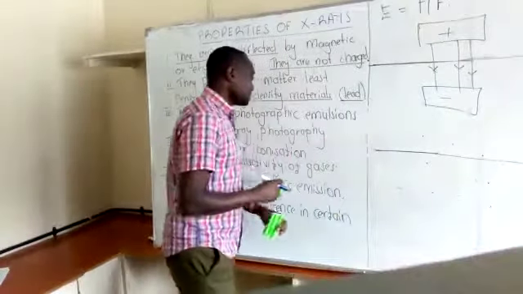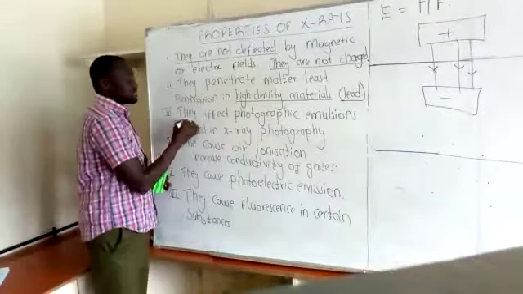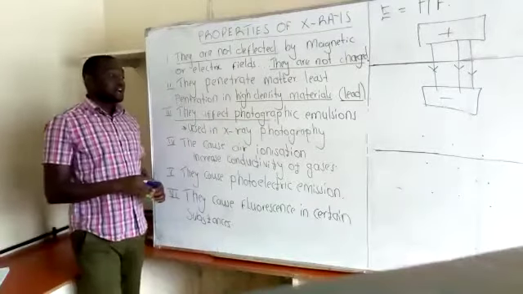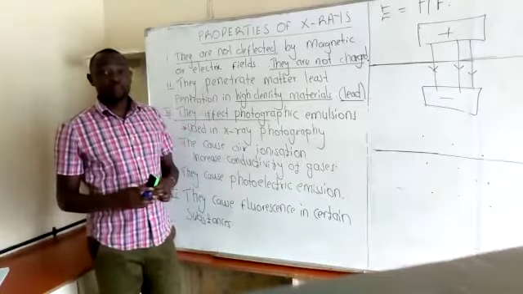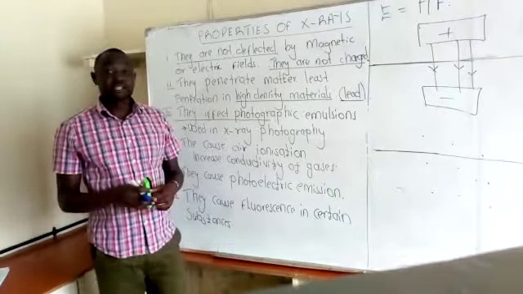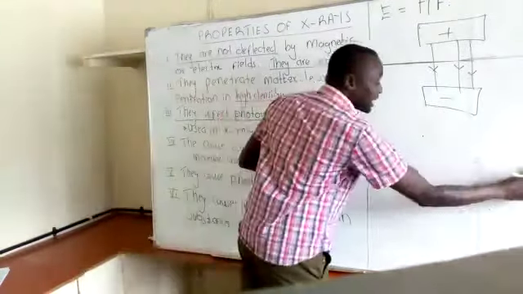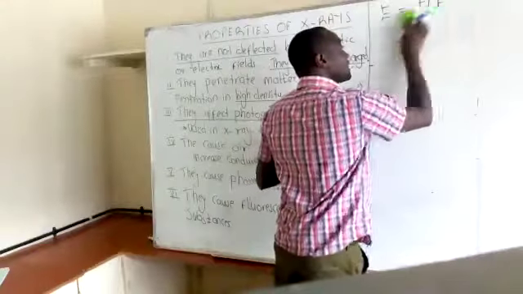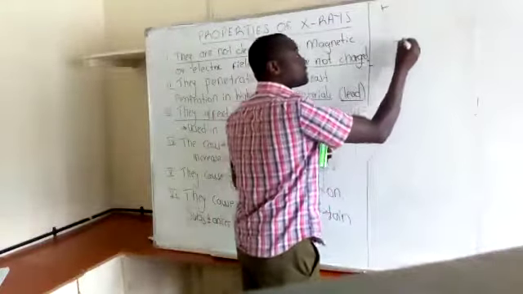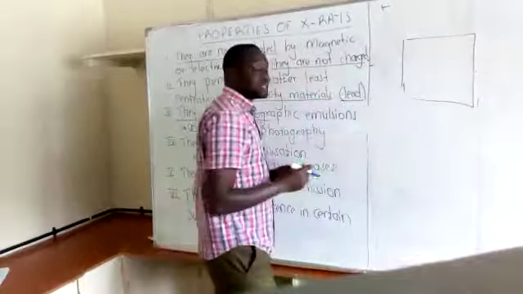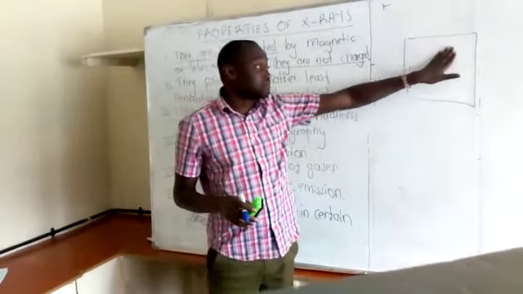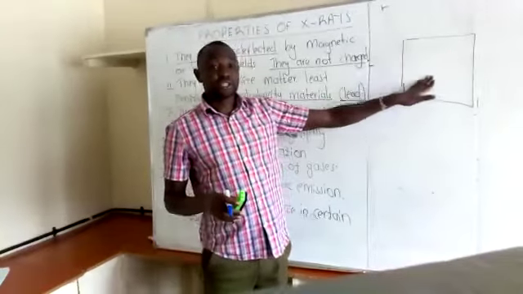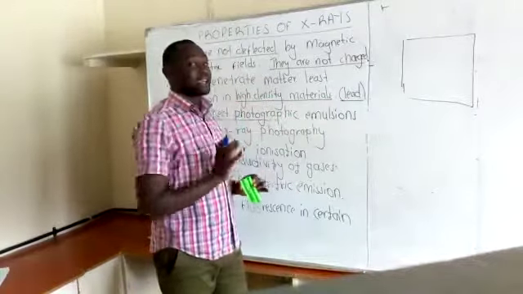Property number 3 is that these X-rays affect photographic emulsions. Remember when we looked at the pinhole camera and we found that we can put a photographic film and then light will be able to affect the photographic film and imprint the image of the object that is shining the light on it.